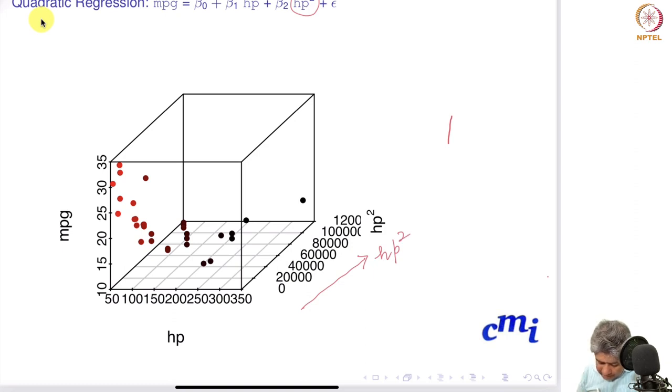The original data is in 2 dimensions, horsepower and miles per gallon. Now we have engineered a new, 3rd dimension, and we put the data in a cube, and that is what we are trying to fit.